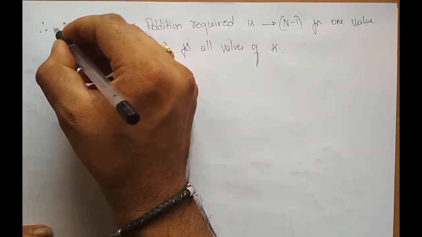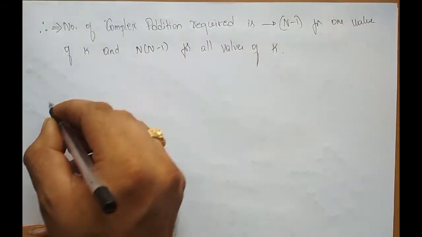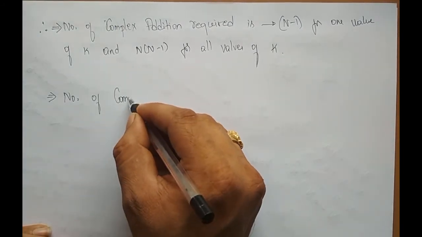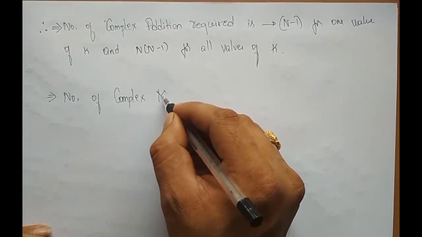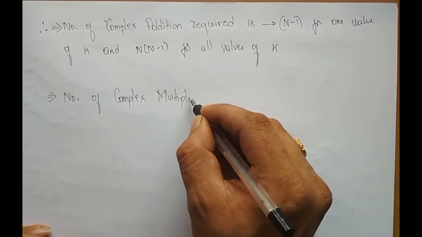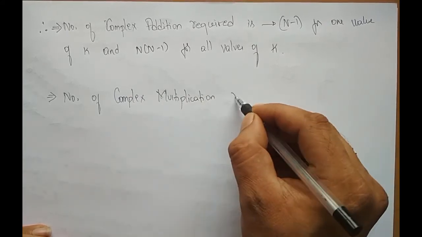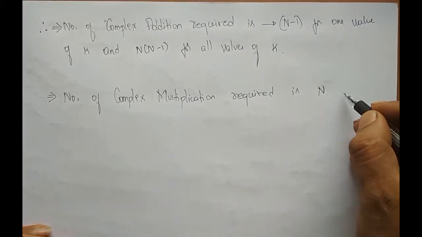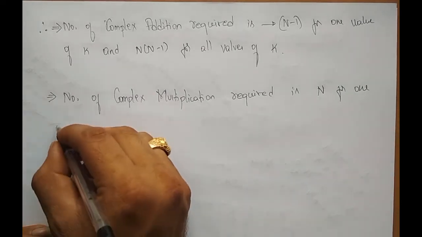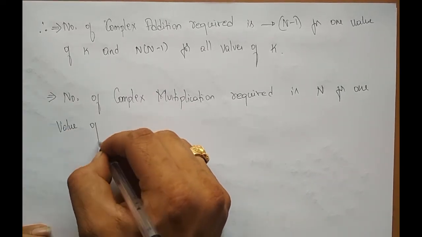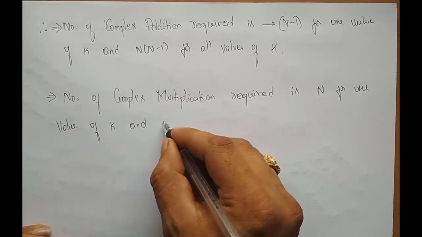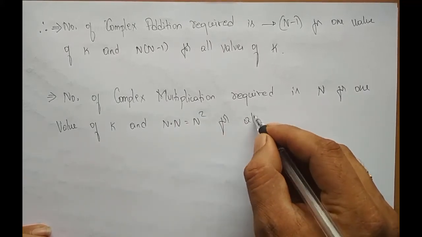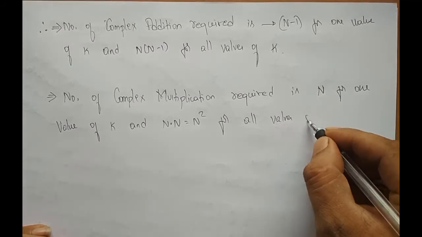And the second point is the number of complex multiplications required is N for one value of k, and N times N, which is equal to N square, for all values of k.